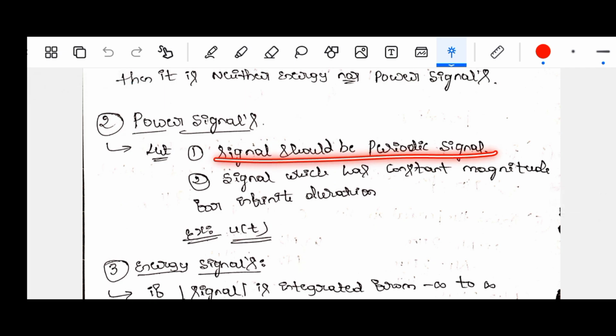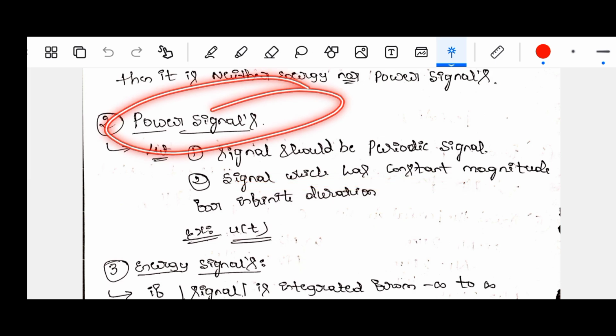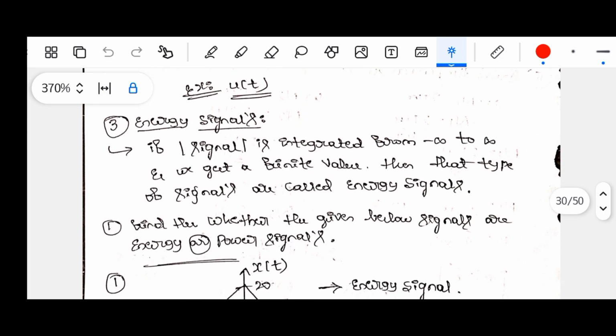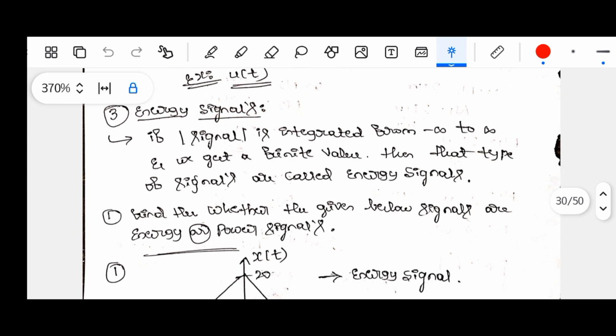First, the signal should be periodic, and a signal which has a constant magnitude for an infinite duration is called a power signal. For example, u of t. Third one, energy signals. If the magnitude of the signal is integrated from minus infinity to plus infinity, and at that time we get a finite value, then that type of signal is called an energy signal.